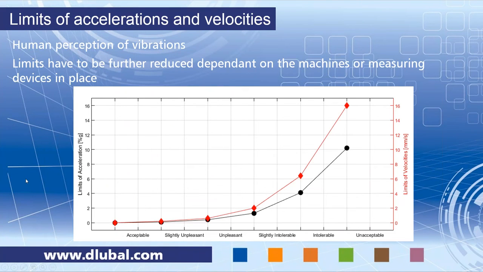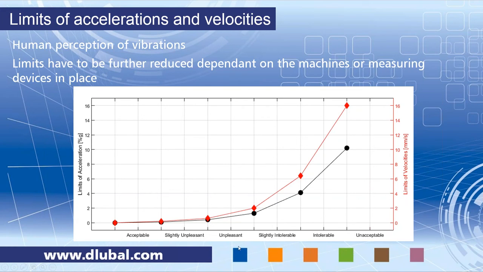When you look in the literature, you find some limits. These are based on human perception of vibrations. It could be that you have to reduce the limits even further, depending on the machines or measuring devices that are in place. Machines or measuring devices are usually far more sensitive than we humans are. So we have limits of accelerations in black.